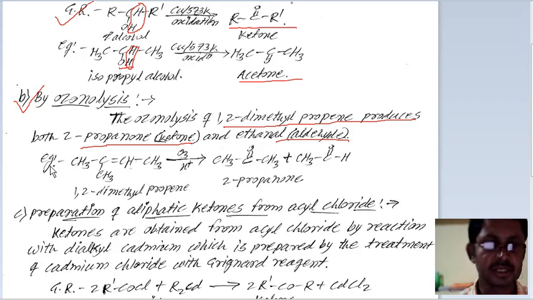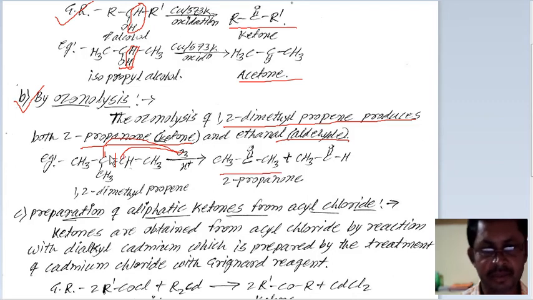What happens here? See here, there is one example. The double bond between these two carbon atoms is broken, and two oxygen atoms are added. One oxygen atom bonds with one carbon atom by a double bond, and the second oxygen atom bonds with the second carbon atom by a double bond. We get two products.